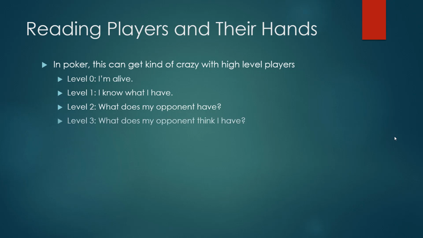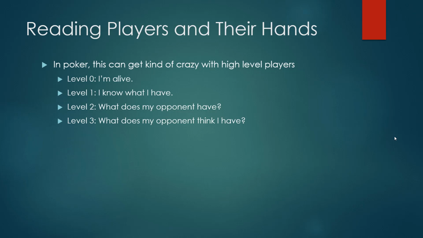So level 3 gets really interesting. I'm playing my hand. I'm thinking about what his hand is. And now I start thinking about what he thinks that I have. He's putting me on a range of hands. I'm putting him on a range of hands. And I'm thinking, what range does he think I have, and how would he play if he thought I had that range of hands?